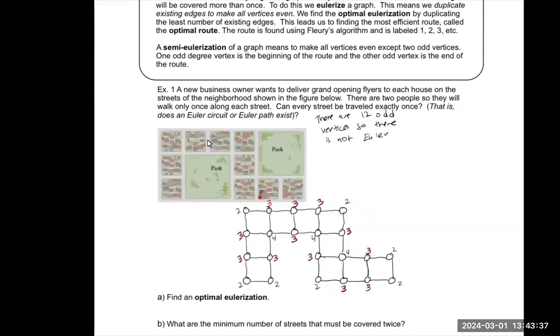But these people still want to hand out the flyers in the least amount of way. So now what we need to do is find each pair of odd ones and connect those two odd vertices.